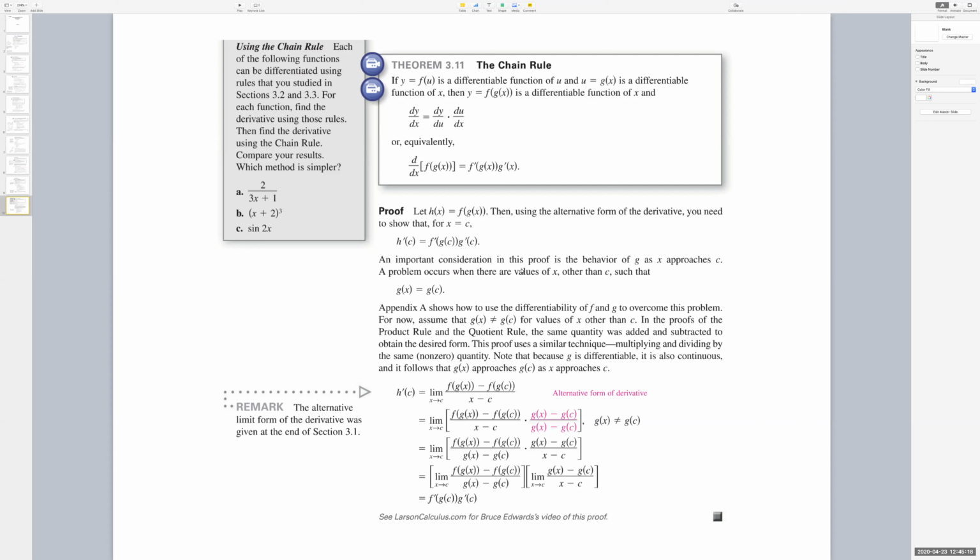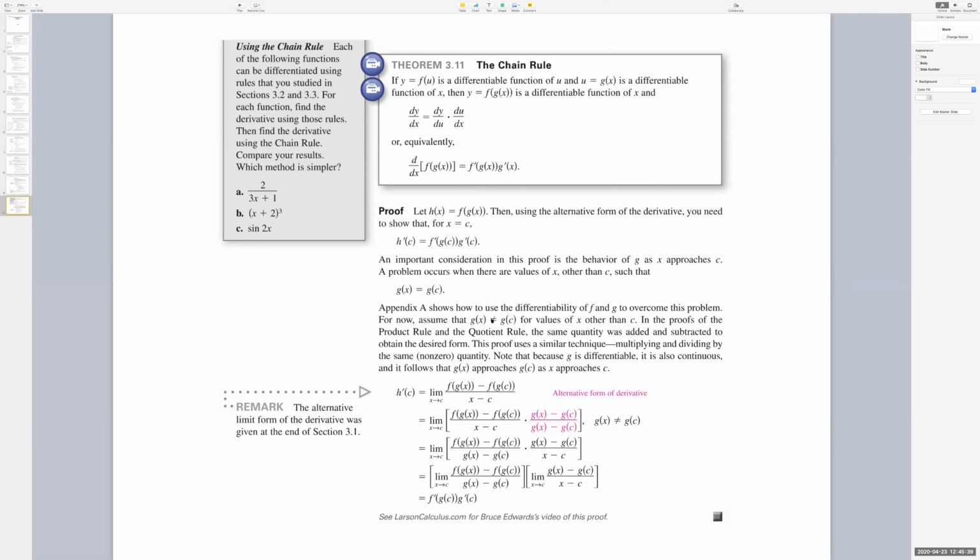You run into a problem when there are values of x other than c such that g of x is the same as g of c. So this is the problem you run into.